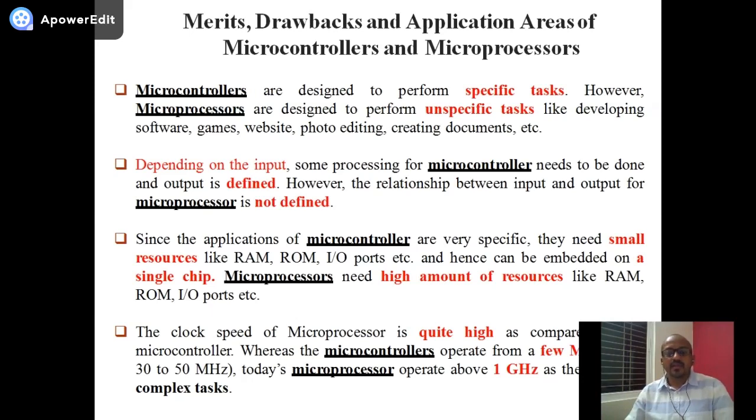Right. So for specific, I can give the example of a mouse. A mouse does a specific task. It is only used to move the cursor from one place to another on the screen. A microprocessor will do general work. For example, the Core i7 microprocessor used in a laptop will do multiple tasks.